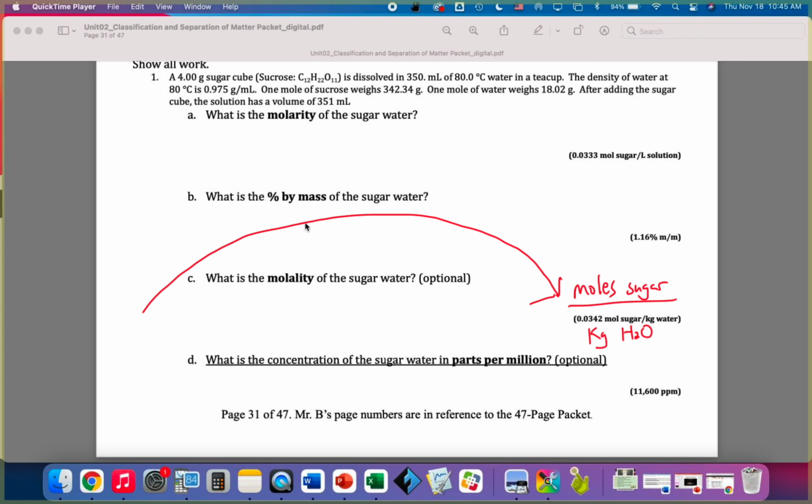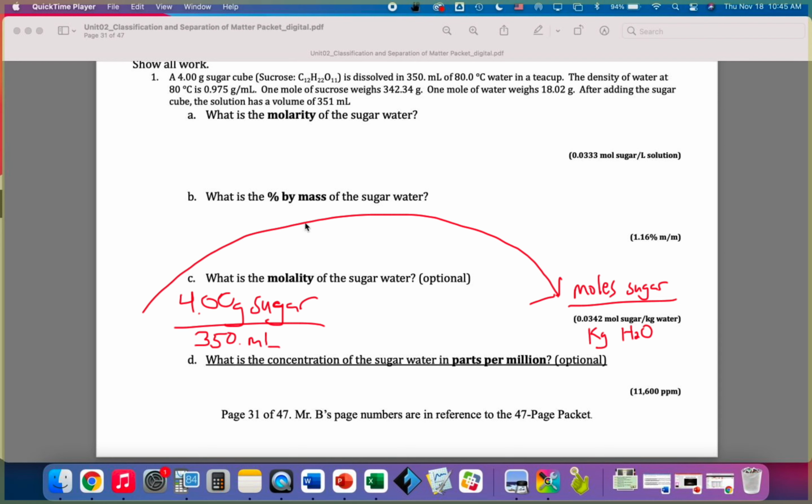So what do we know about those two values from this problem? Well, I don't know the moles of the sugar, but I do know that I have 4 grams of sugar. And I don't know the mass of my water, but I do know that I have 350 milliliters of it.